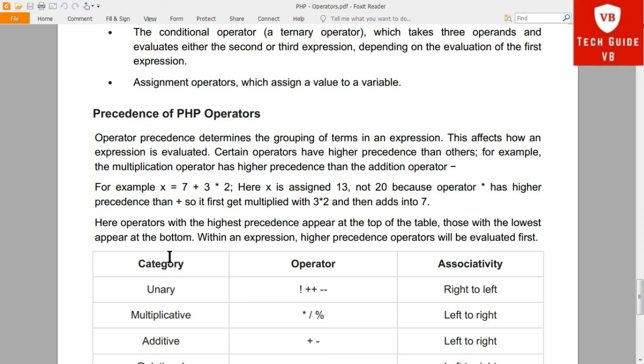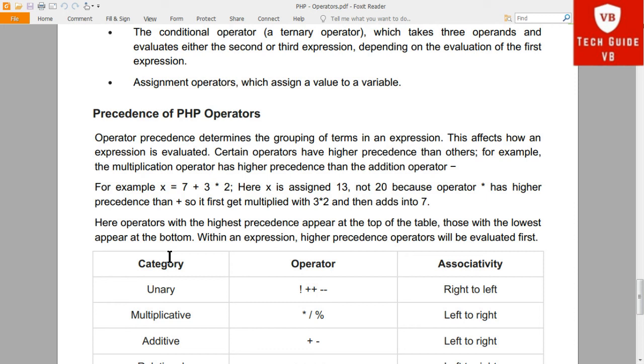For example, x = 7 + 3 * 2. Here x is assigned 13, not 20, because the multiplication operator has higher precedence than plus, so it first multiplies 3 * 2 and then adds to 7. So the answer is 13, not 20.